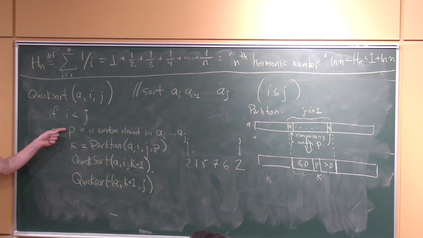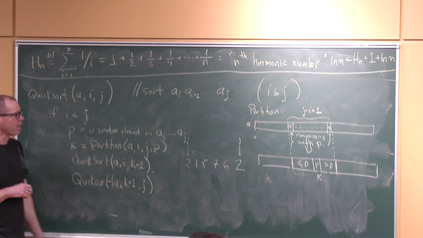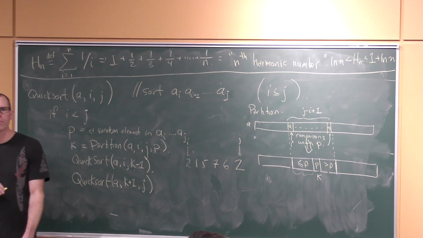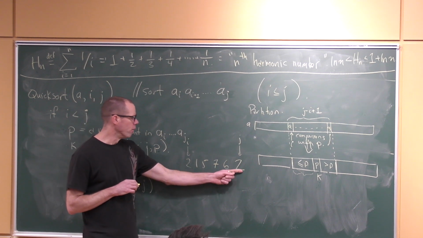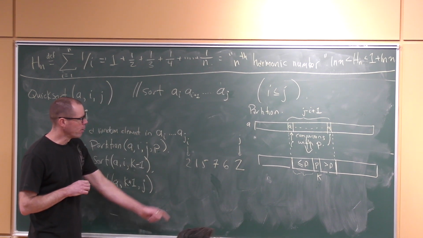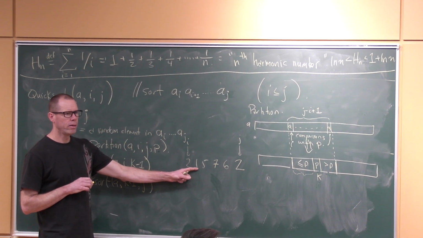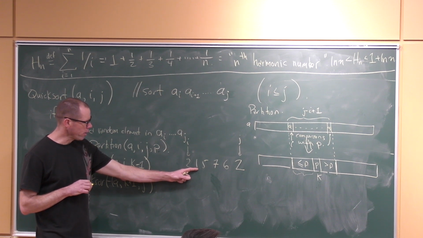Pick a random element. So what would be sort of a bad element to pick in this case? Yeah. So if I pick the smallest value, for example, if I pick 1 here, then what happens when I partition?